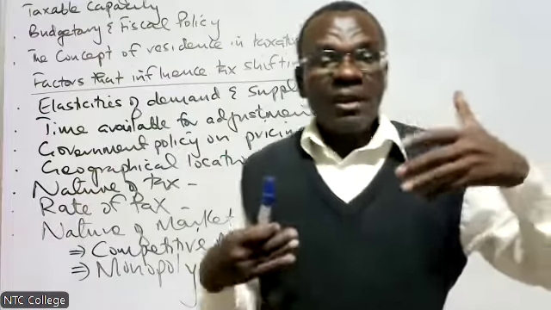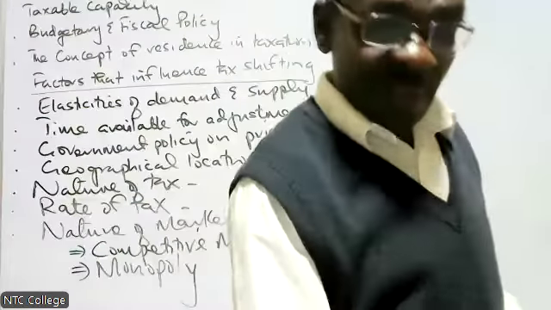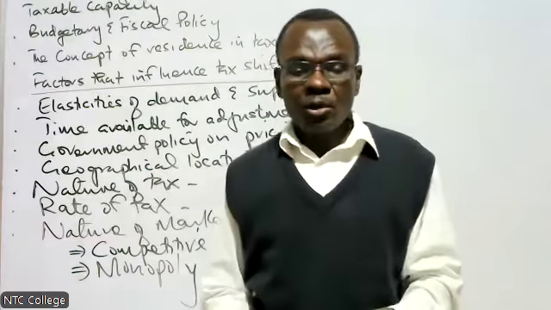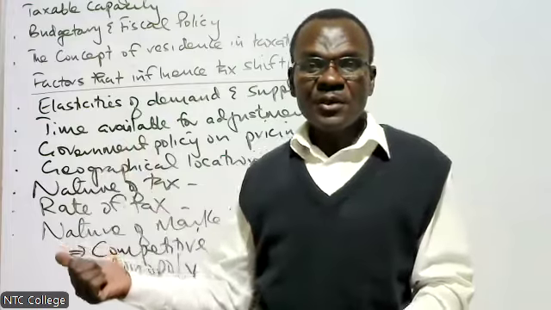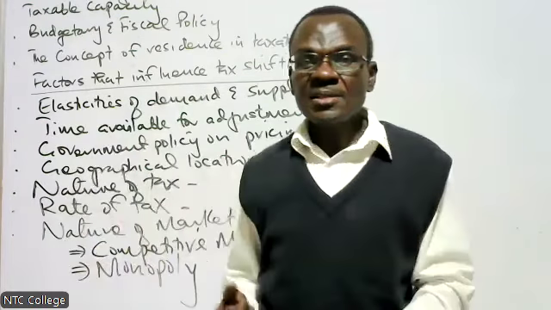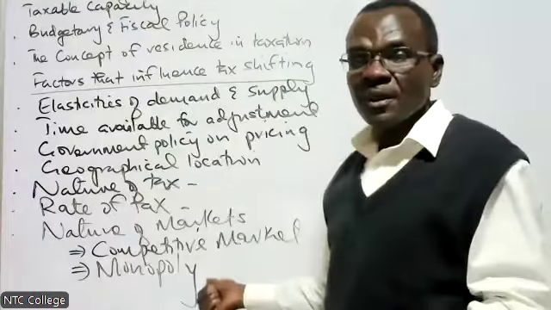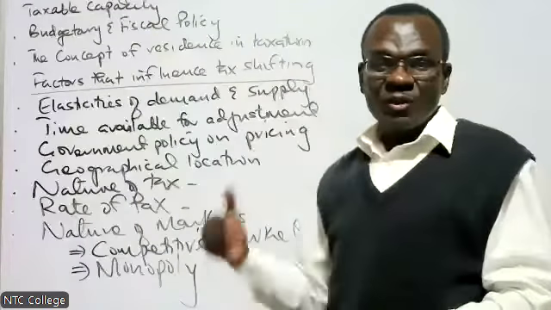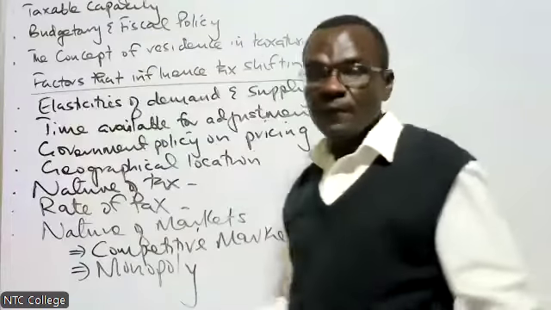So even if other producers generate power through solar, geothermal, or any other means, they have to sell it to Kenya Power so that Kenya Power can sell it directly to the consumer. So in that sense, you can say Kenya Power is the only seller of electricity in the market. In that sense, it means it's a monopoly.